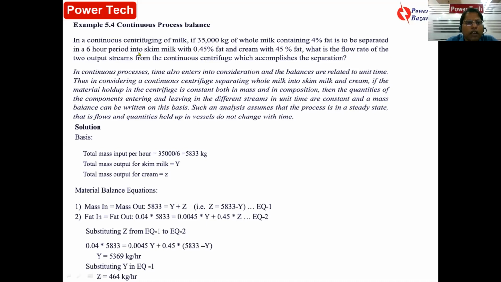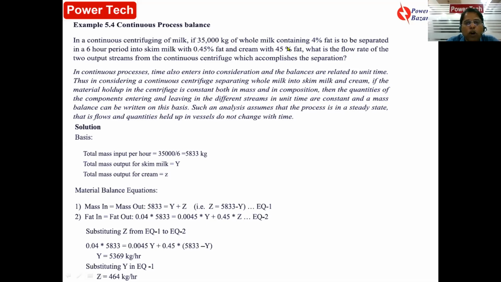Now let us come to a continuous centrifuge milk processing problem. It says that 35,000 kg of whole milk, which contains fat and everything, with 4% fat, is to be separated in a 6-hour period into skim milk and cream. Skim milk does not have much fat; the fat has reduced from 4% to 0.545%.